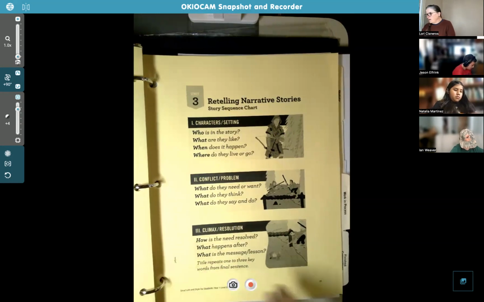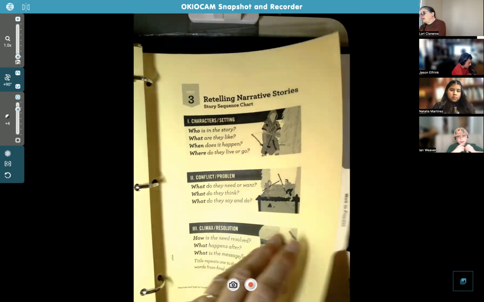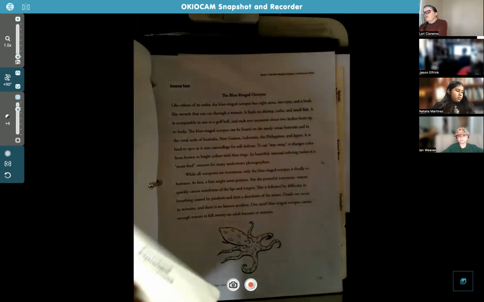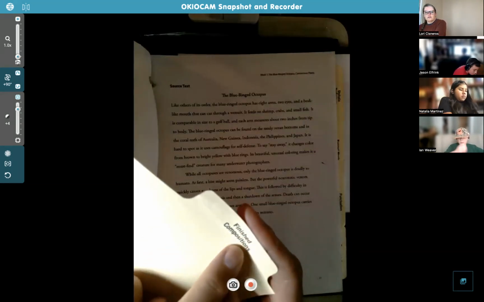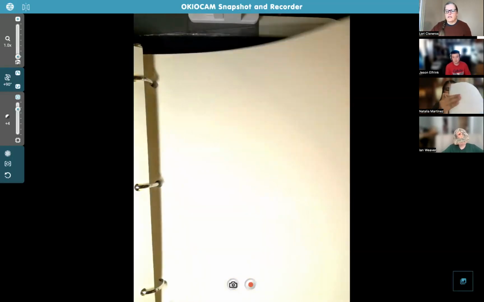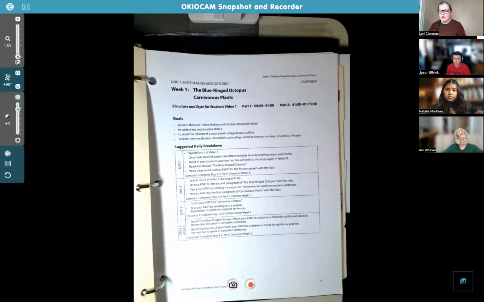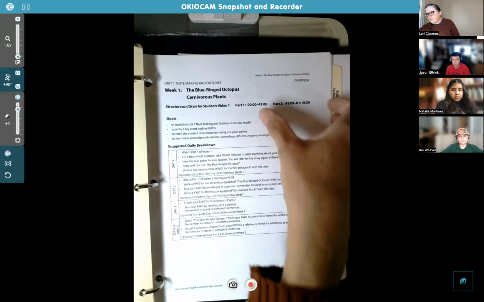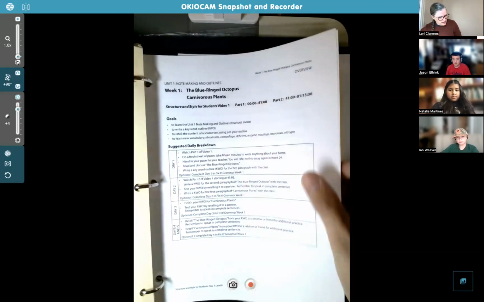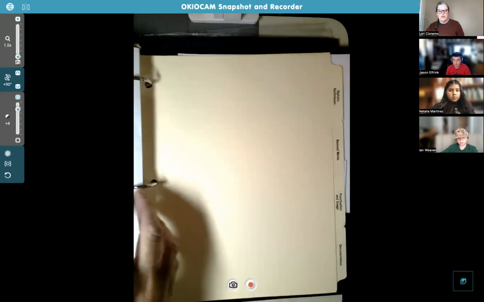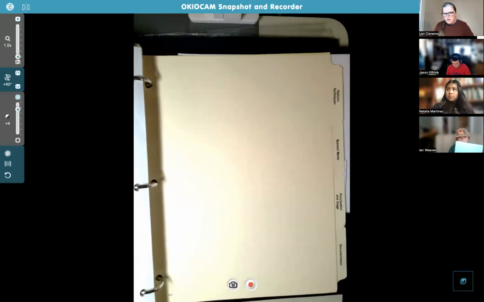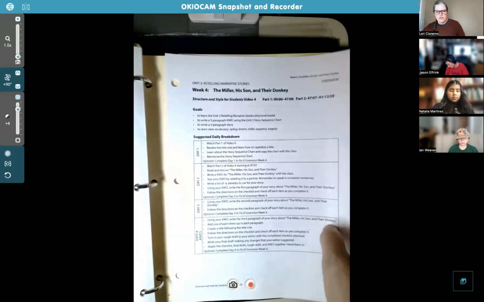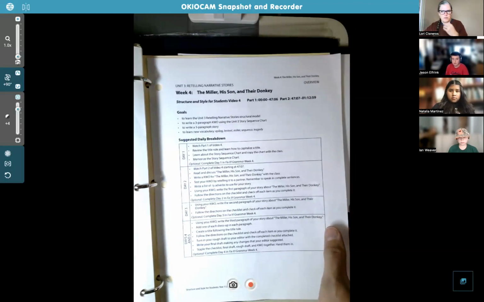That stays there. And then the rest of the Miller, his son, and their donkey goes behind finished compositions. Now, I do want to say that some students have told me that their binder is getting too full. So if that's happening to you and stuff is starting to fall out, just take out the finished compositions because we're done with those. That'll free up space in your binder.